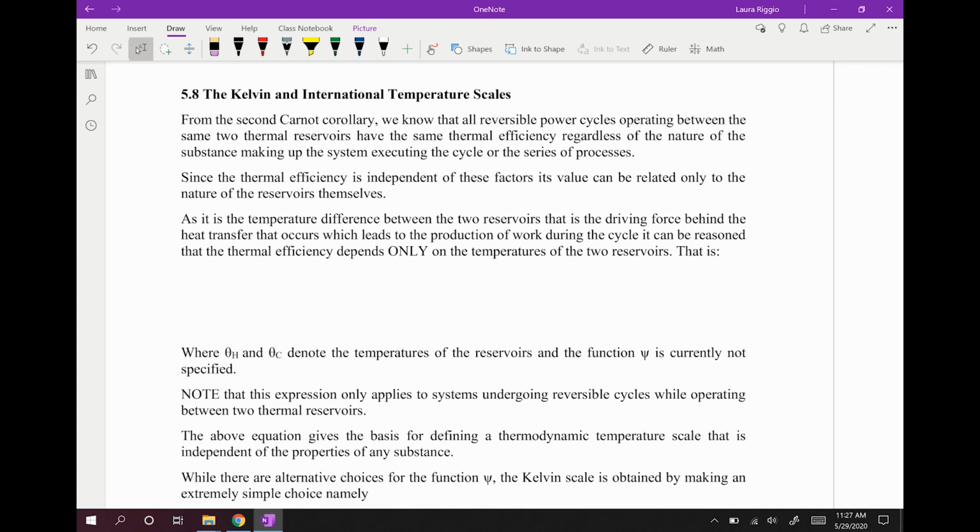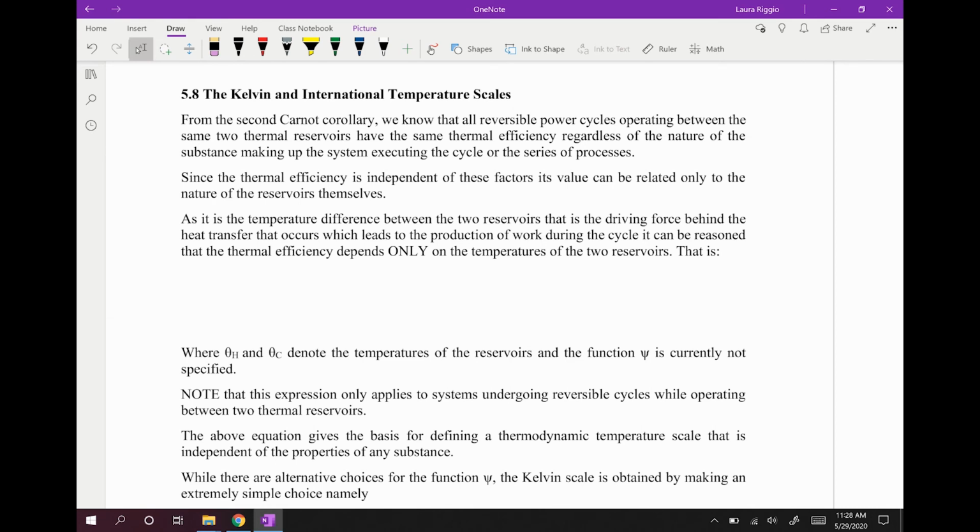Since the thermal efficiency is independent of these factors, its value can be related only to the nature of the thermal reservoirs themselves. As it's the temperature difference between the two thermal reservoirs that is the driving force behind the heat transfer, which leads to the production of work, it can be reasoned that the thermal efficiency depends only on the temperatures of our two reservoirs.